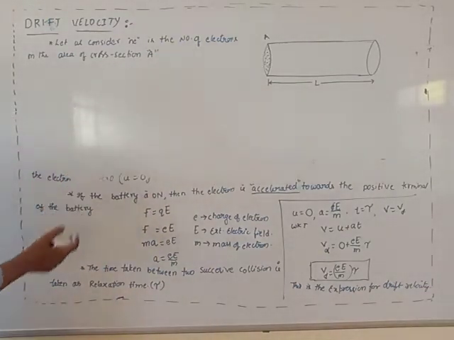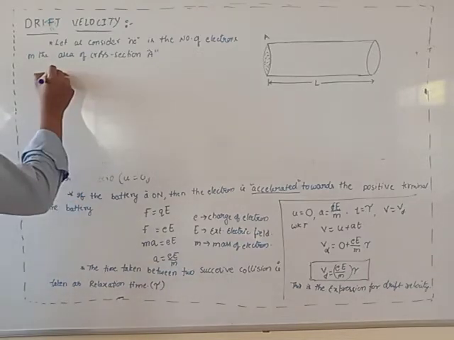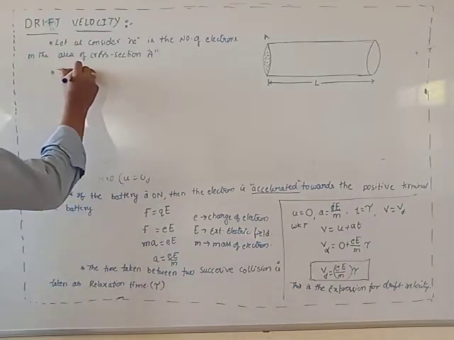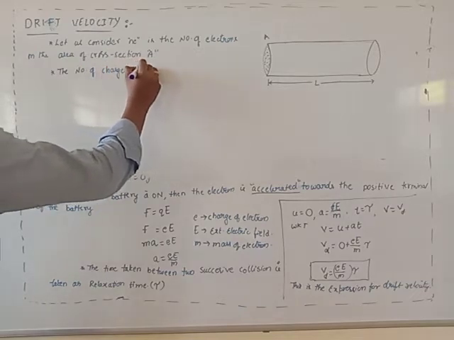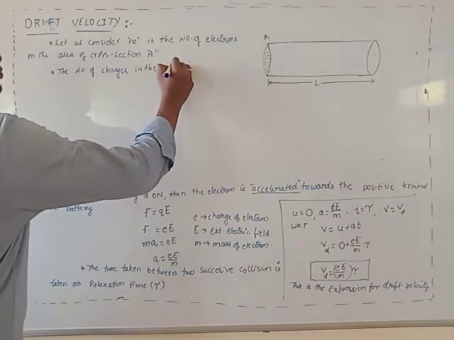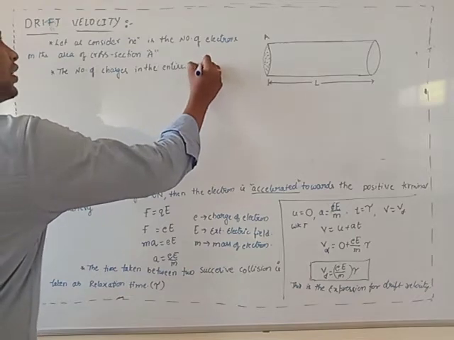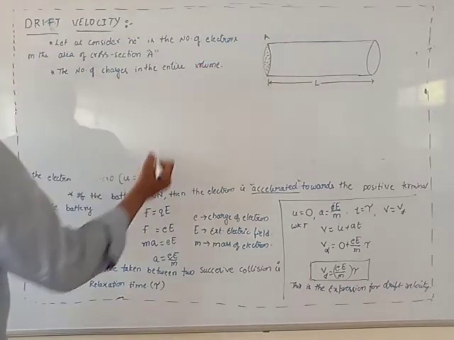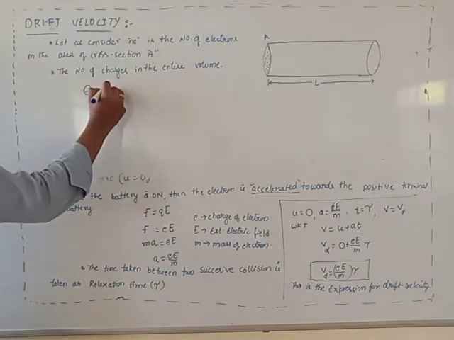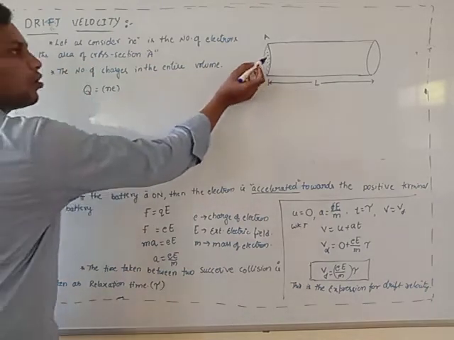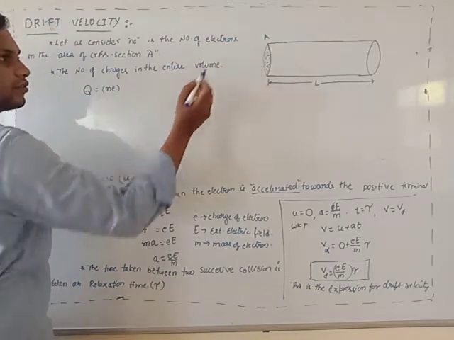I will take the number of charges as Q. So Q is equal to Ne, the charges on this face.